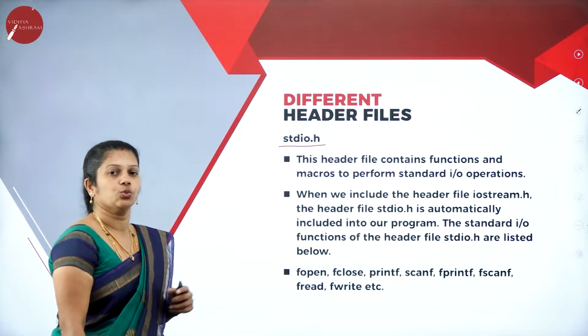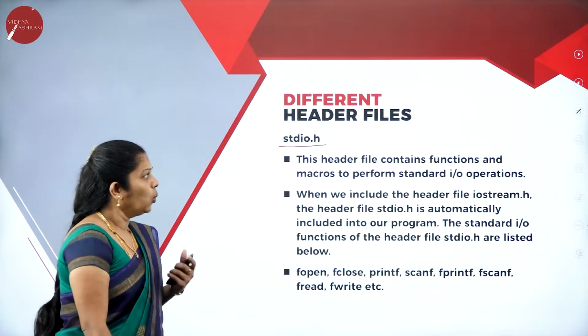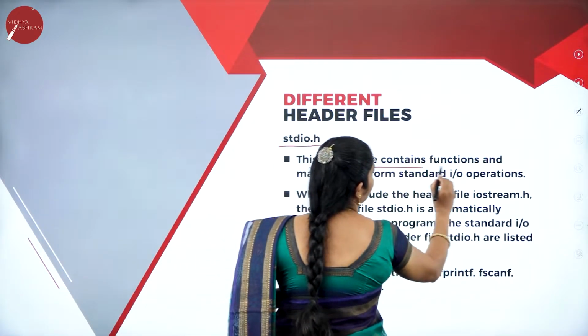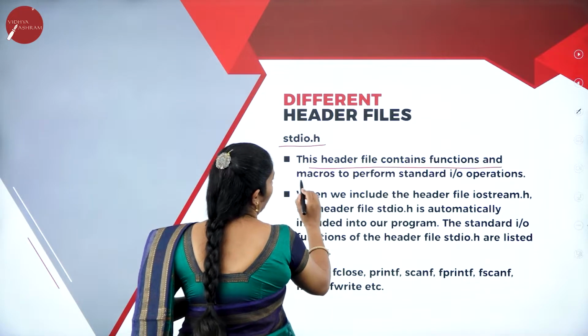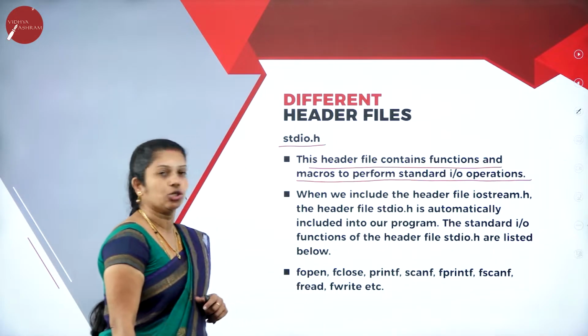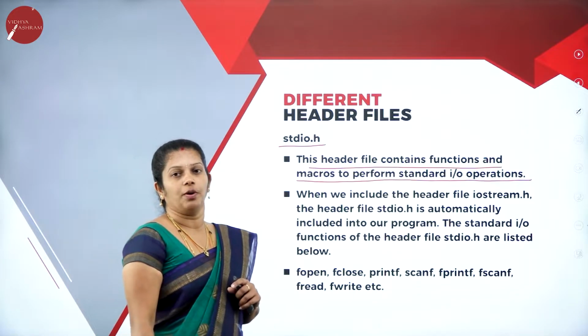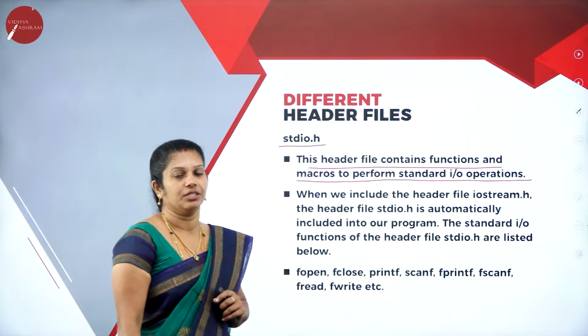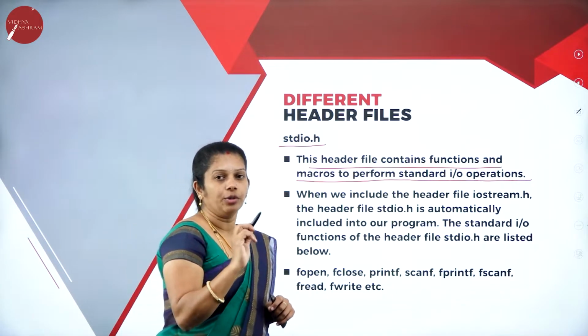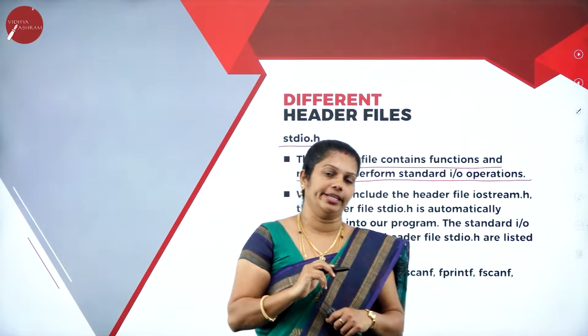stdio.h. This is one of the header files we are using. What is the main use of this? This header file contains the functions and macros to perform standard input-output operations only. Here also, it is used to perform input-output operations, but for cout we have to use the header file iostream.h.